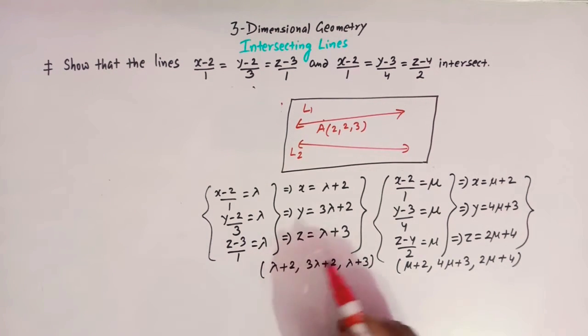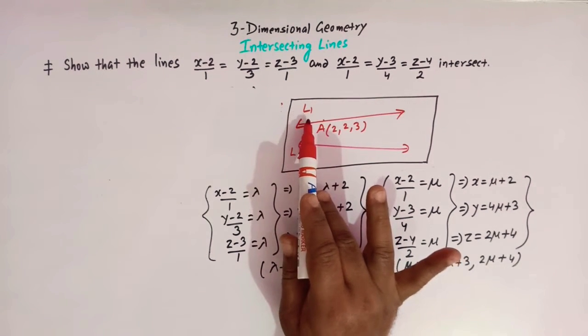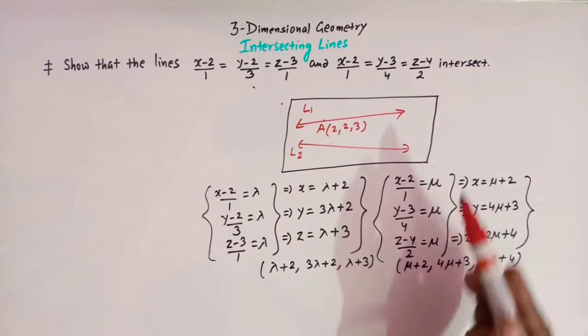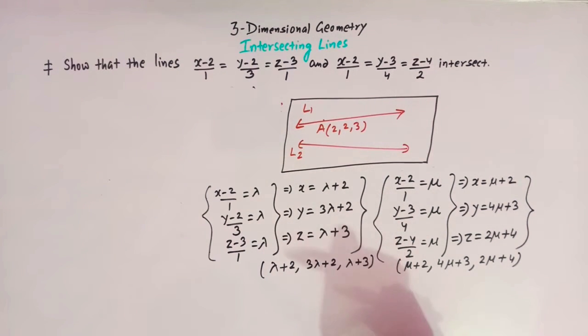So now once we have obtained the coordinates of the general point lying on the lines L1 and L2, we have to show that the two lines are intersecting.